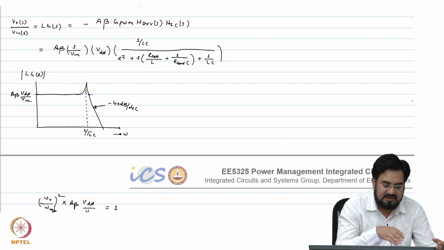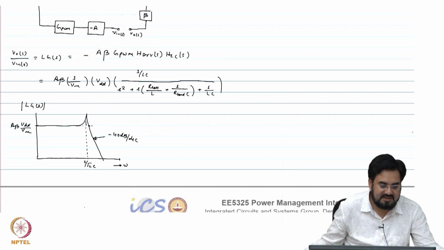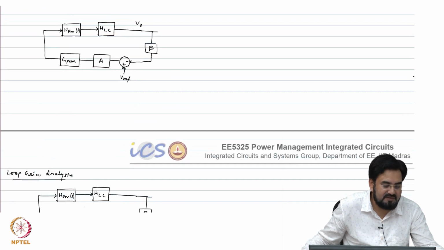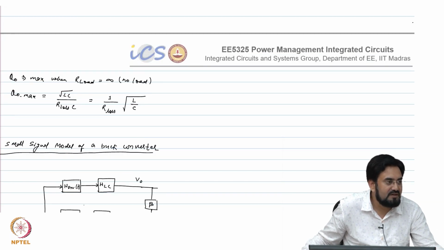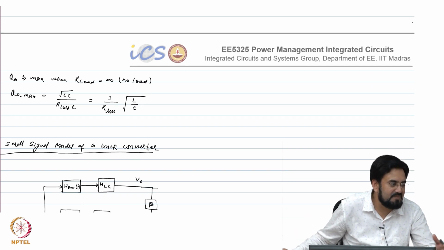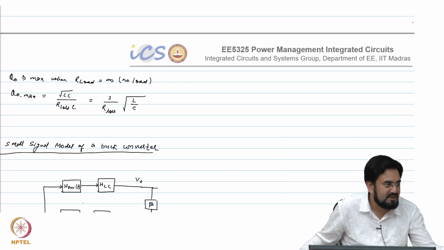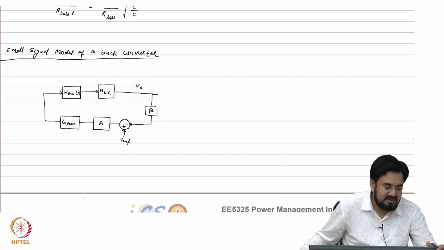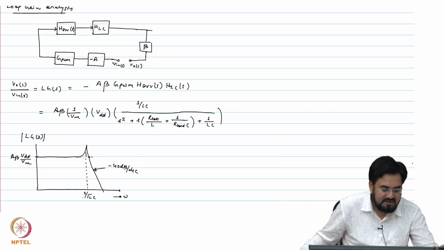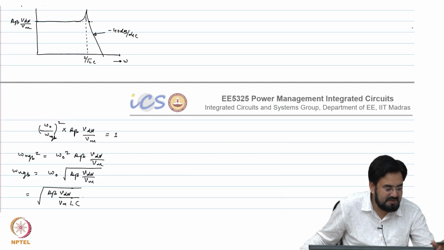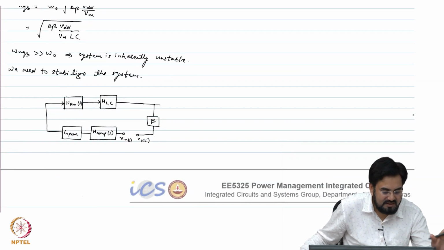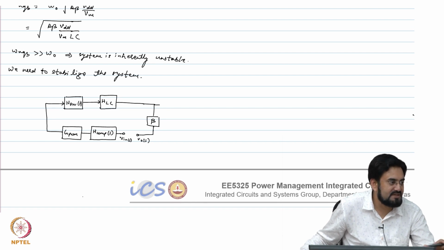And even though we have considered 1 over square root LC fixed, if you remember, that was an assumption that your R loss is much smaller compared to your R load, and that is why we got rid of it. So, omega naught, but there will be slight change, and for that high Q, even that slight change may affect. So, you cannot really implement it and cancel the pole exactly. So, we never apply this approach for stability.